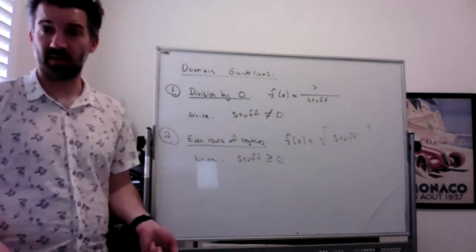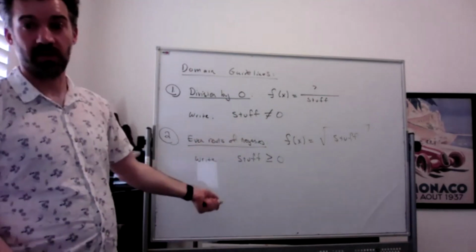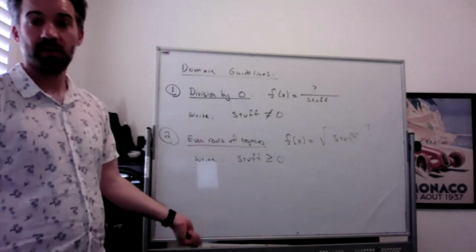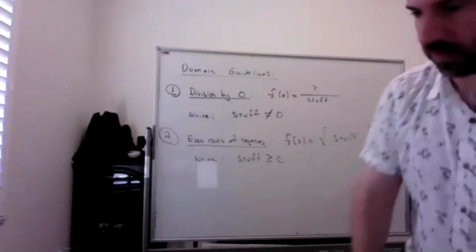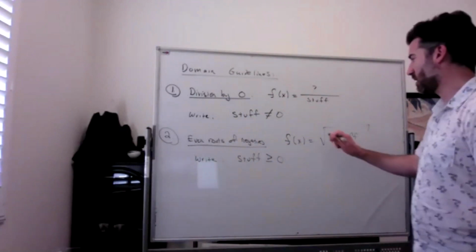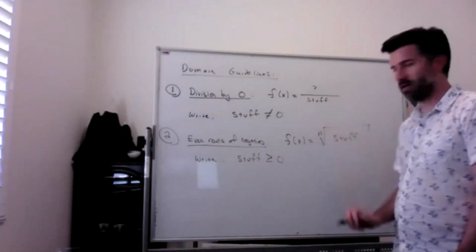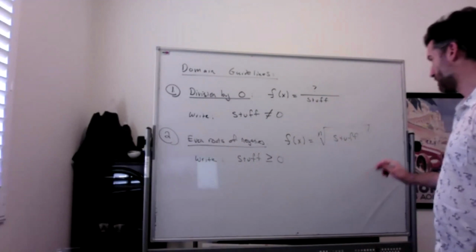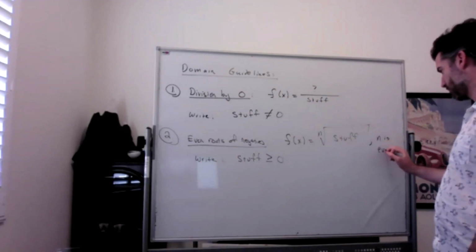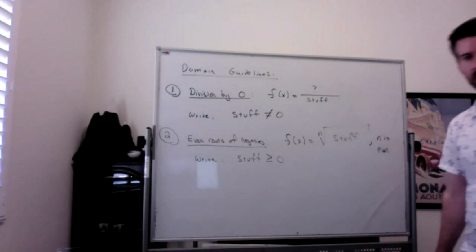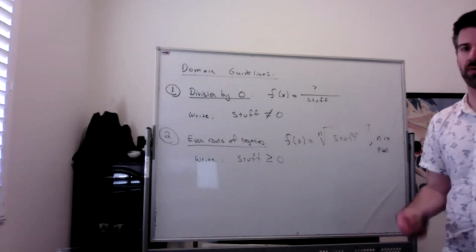I don't want to take the square root of a negative. So I want the argument or the insides of the square root to be non-negative. And I should go a little bit further. I should really say it could actually be any root as long as the root is even. So it could be a 4th root or a 6th root, et cetera.